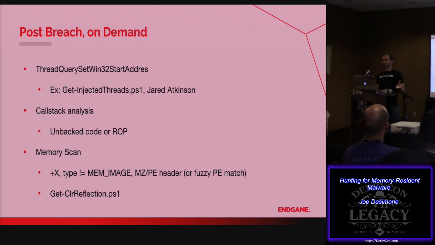I don't know if people have used Volatility, but the really easy button method is just malfind with Volatility, which looks for RWX sections that have an MZ header right at the start. So that'll detect reflective DLL loading. It'll detect memory module type stuff. Definitely do not rely on read-write-execute. Really what you want to look for is at least one +X section that's associated with a chunk of memory.